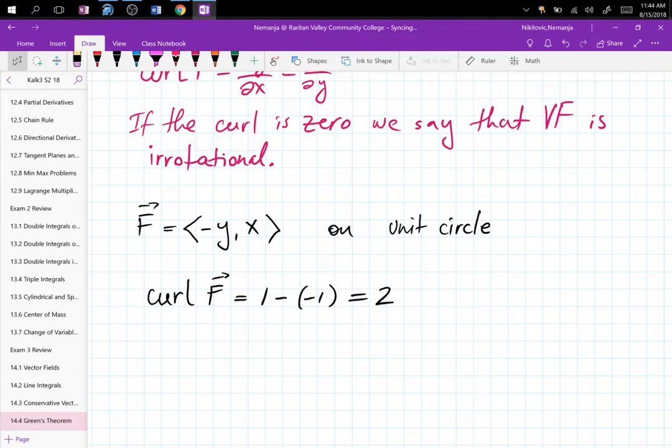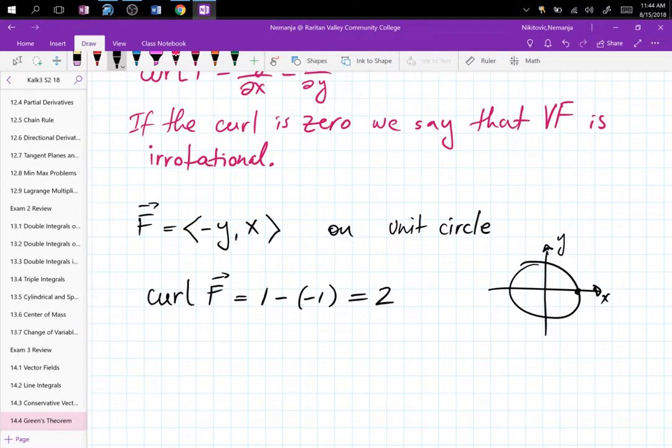Now our unit circle, right? Our unit circle is nicely set up for polar coordinates.